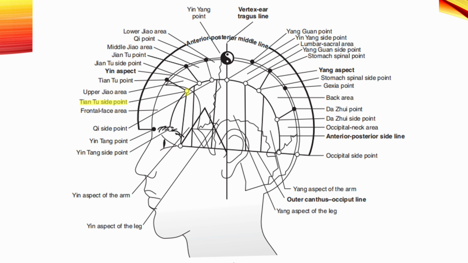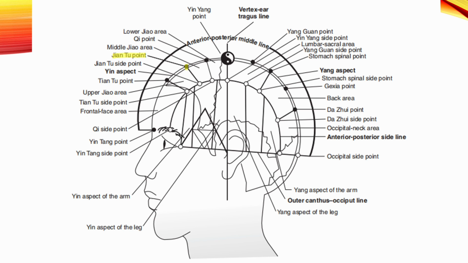Draw a line running along the side of the head, connecting the Tian 2 point with the lower border of the external occipital protuberance. The Tian 2 side point is located at the intersection of this line with the anterior-posterior side line.